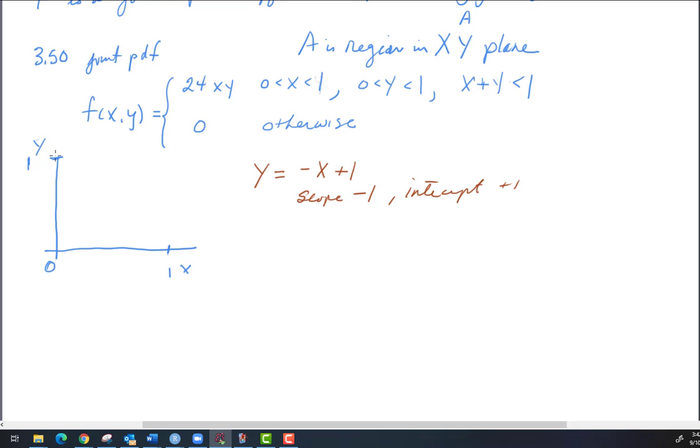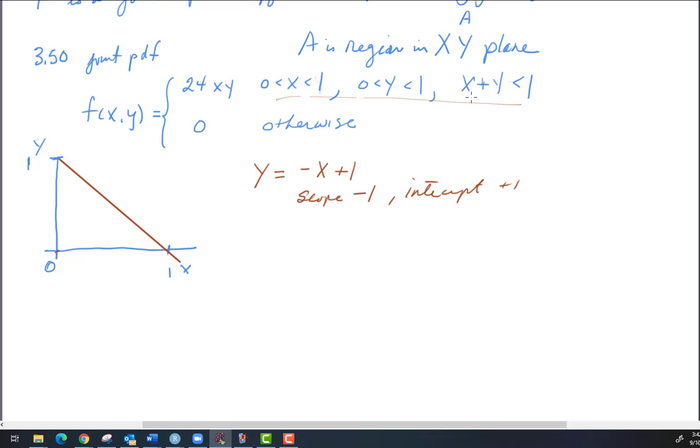Let me see if I can get a little better at drawing it. This would be the boundary of the region where the f of x, y function is non-zero. Now, which side of the boundary is that set on? Well, easy thing is just to pick a point. Let's pick 0, which we know is on the bottom side of this line.